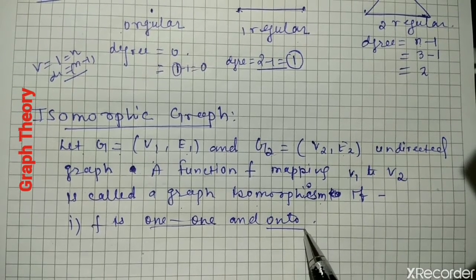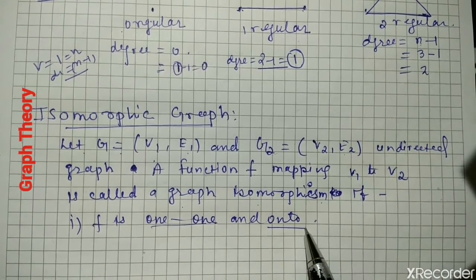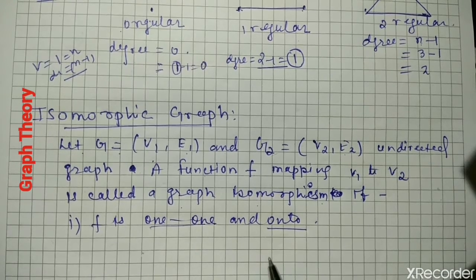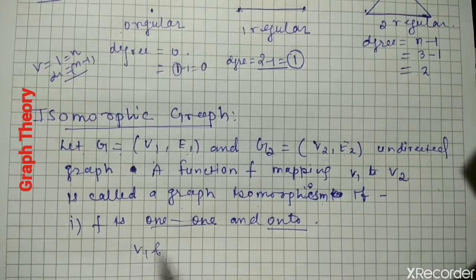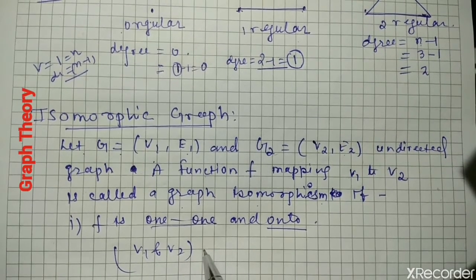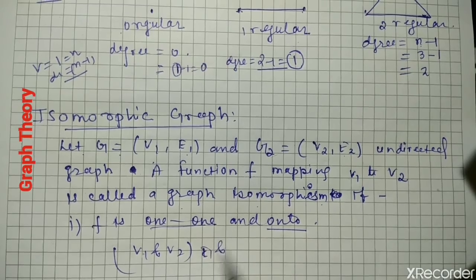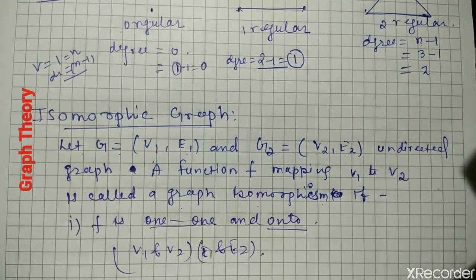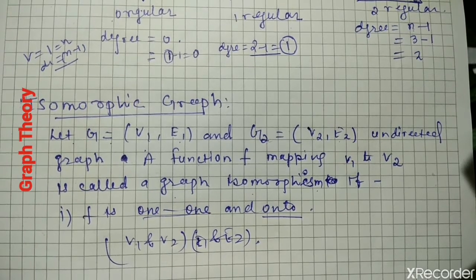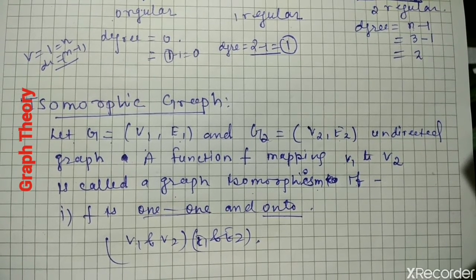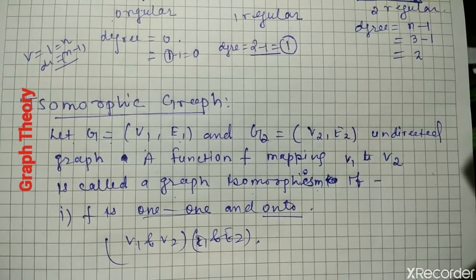What one-one and onto means here is that there exists a correspondence between their vertex sets V1 and V2, and also between their edges E1 and E2. If such a function exists, then the graphs G1 and G2 are called isomorphic graphs.